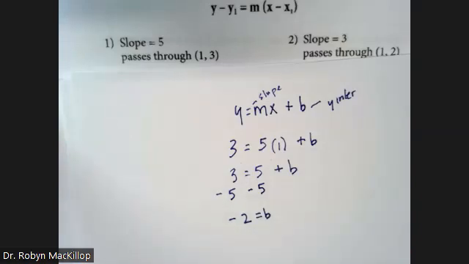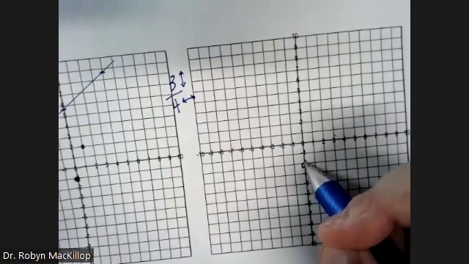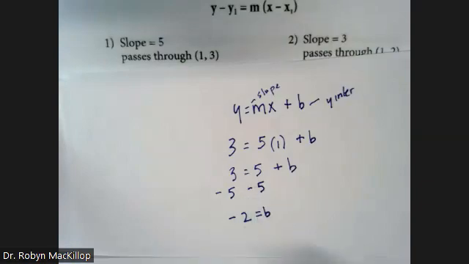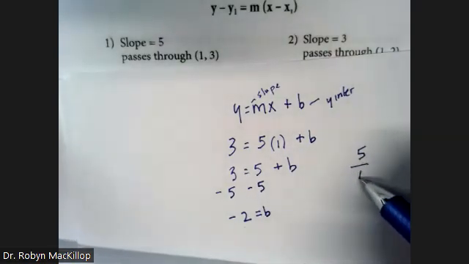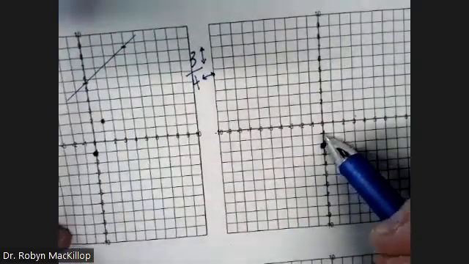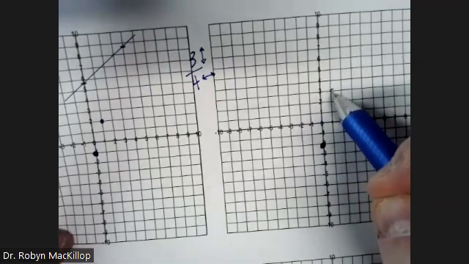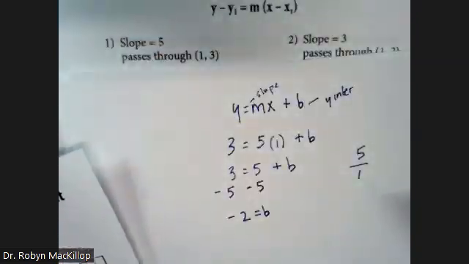So just like that, we know where to start. Negative 2 is our y-intercept. Our slope is 5, so rise is 5, run is 1. Starting here, we go up 5, 1, 2, 3, 4, 5, over 1. There's our line. Now that took a little less work, right?